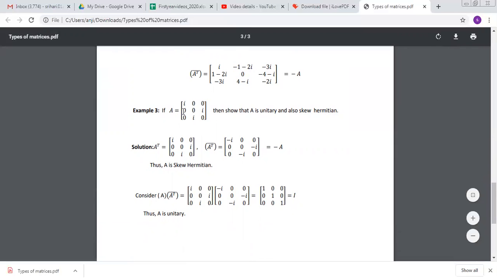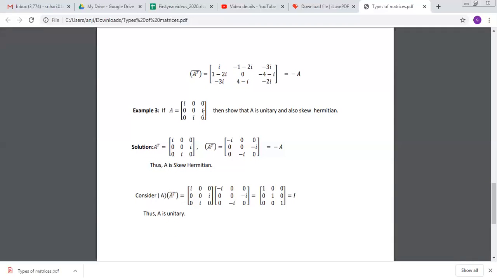Second row 0, 0, i is written as the second column 0, 0, i. Third row 0, i, 0 is written as the third column 0, i, 0.